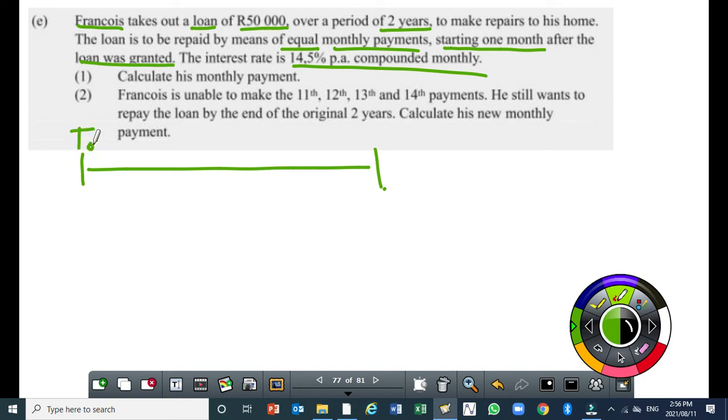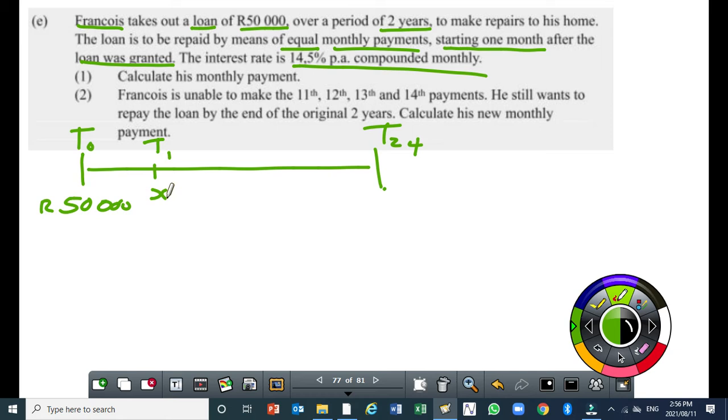So we have T0 here, then T24. Right? He borrowed 50,000 here. The first payment is made at T1. This amount is X. That's the one we want to calculate.